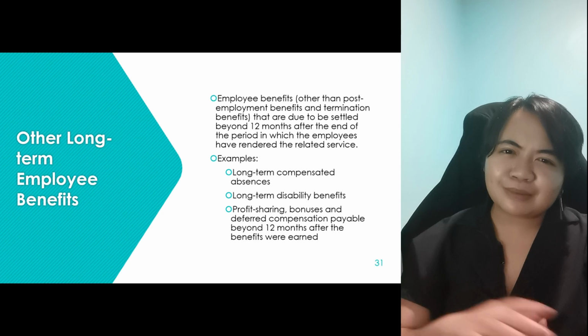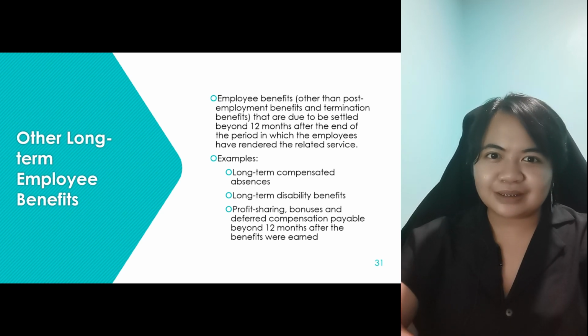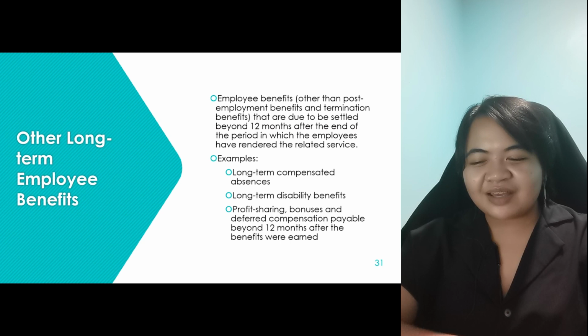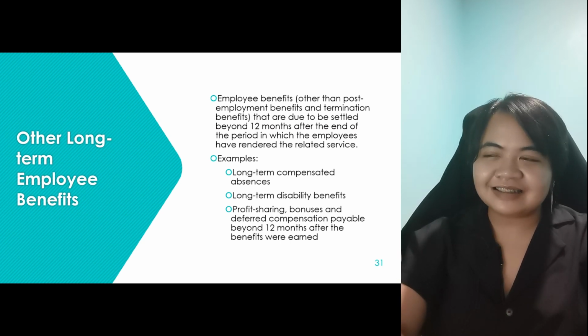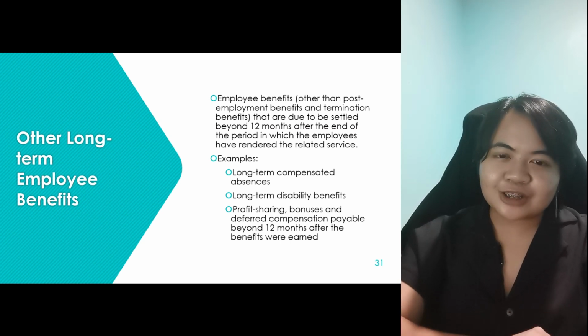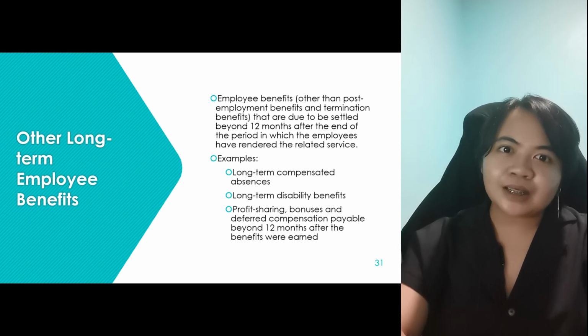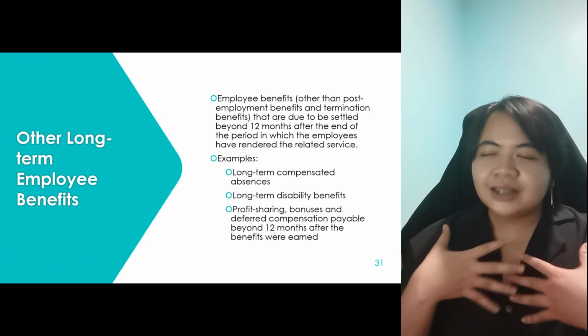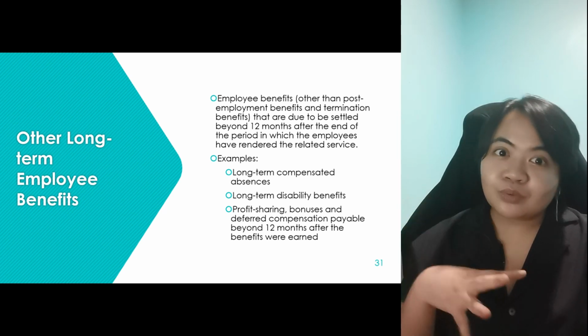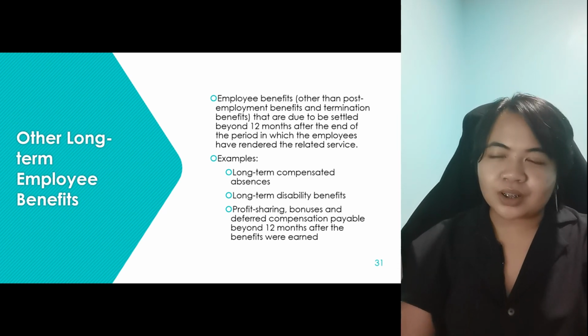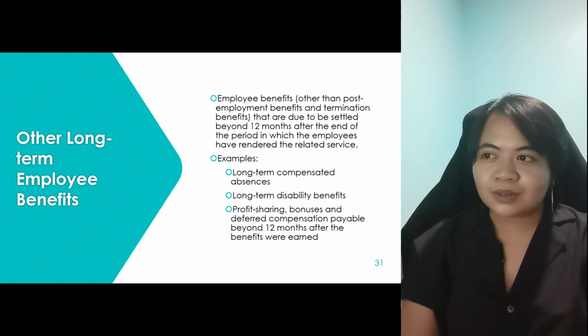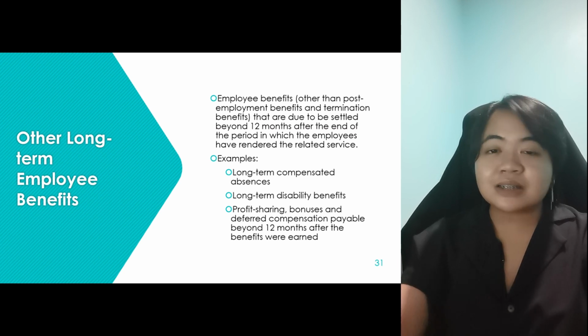Usually when the job is dangerous, with hazard pay, you have insurance in case of disability, like losing a hand or a foot, broken bones, or blindness, due to the nature of the work. Then there are profit-sharing bonuses and deferred compensation payable beyond 12 months after the benefits were earned. These are the other long-term benefits. Since this is beyond 12 months, these are discounted.